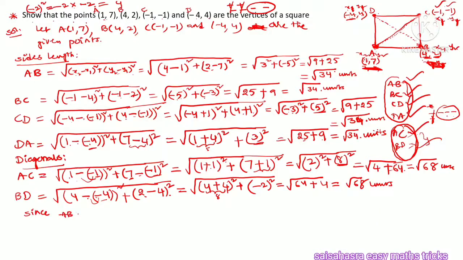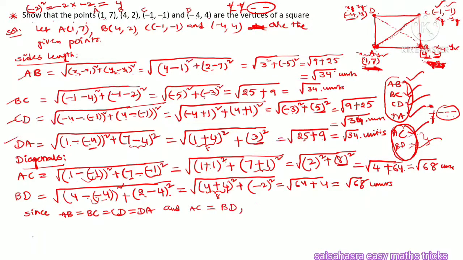Since AB equal to BC equal to CD equal to DA, the AB length, BC length, CD length, DA length are equal, and also the diagonals length AC is equal to BD.